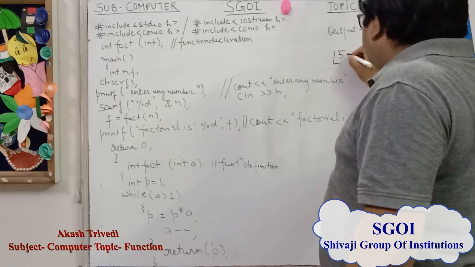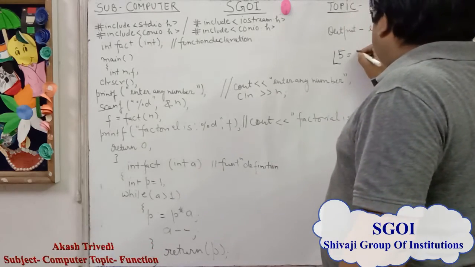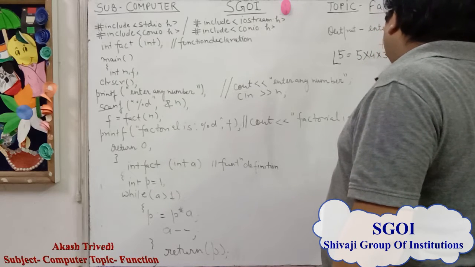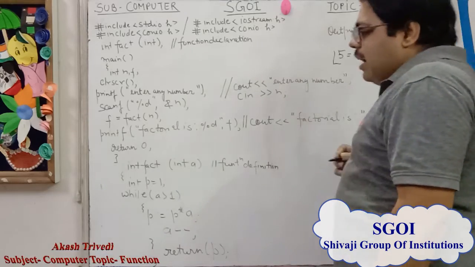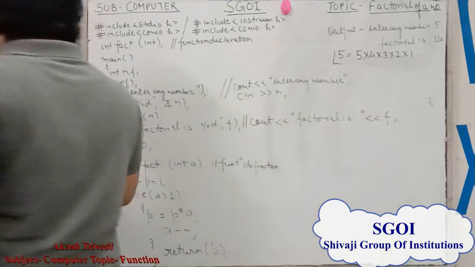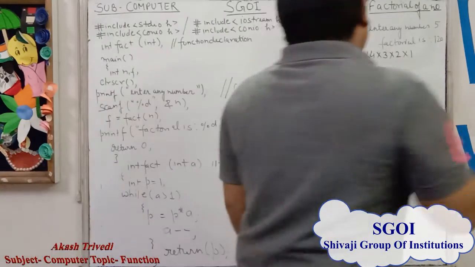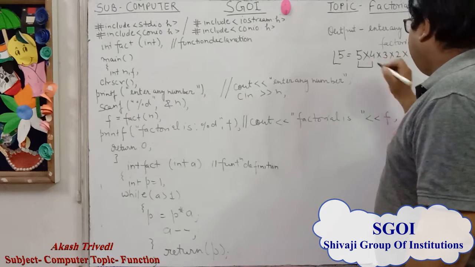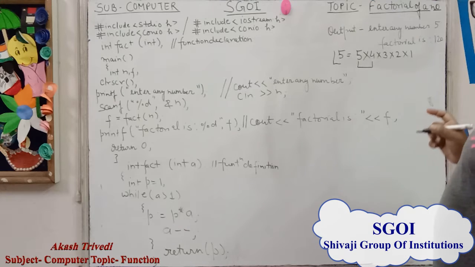If we want to find the factorial of any number, then we multiply that number by its decreased value until the value is 1. If we want to find the factorial of 5, then first we multiply 5 by 4 and store the value in one variable.